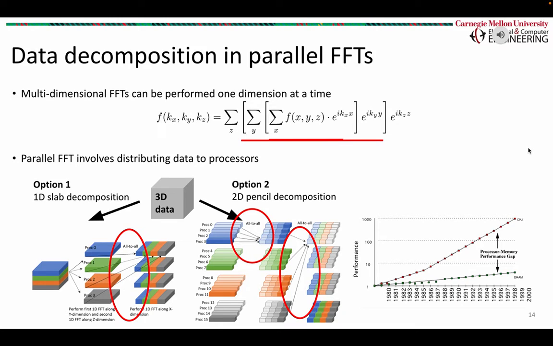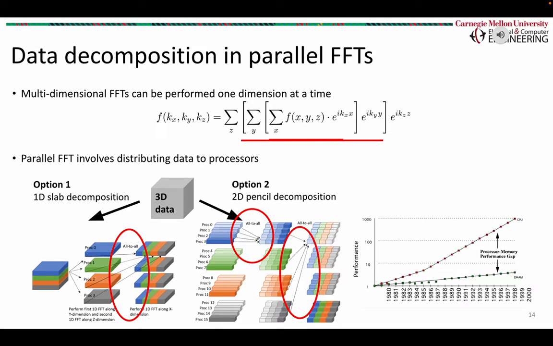Multidimensional FFTs can be performed one dimension at a time. There are two types of data decomposition. The first is 1D slabs, where 2 dimensions are computed on at a time, followed by the third dimension. The second is 2D pencils, where each dimension is computed on in separate stages.